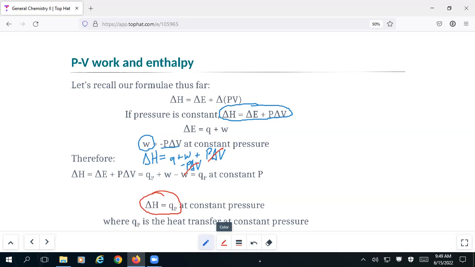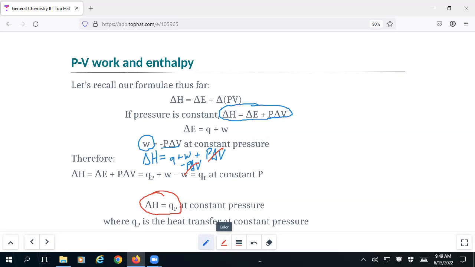Since most of the work that we are dealing with in chemistry is PV work, and since PV work basically is set up as the opposite of that other term in our enthalpy equation, we only need to focus on heat, which makes things way, way easier to do from our perspective.